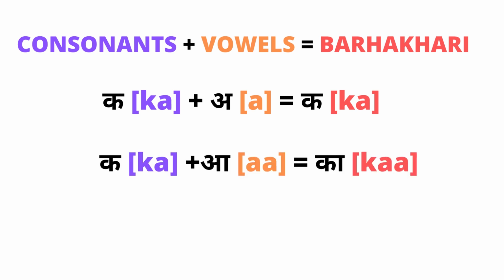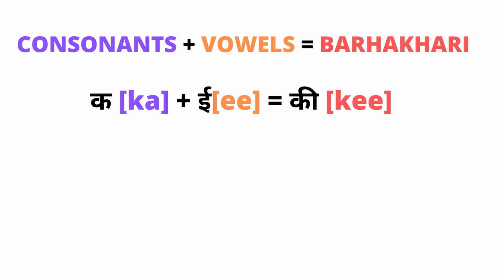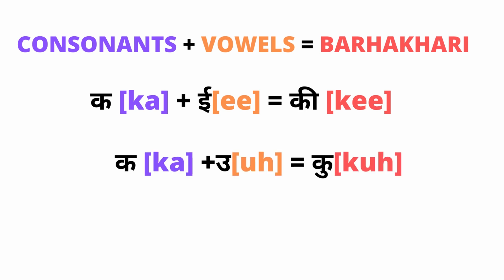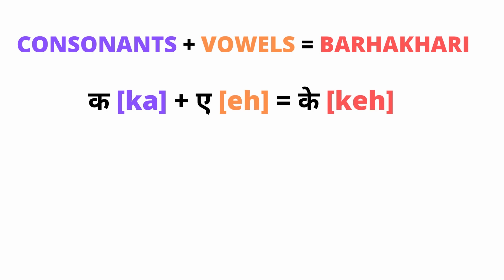In a similar way, when it is conjoined with a, it will produce kaa. When conjoined with i, it will produce ki. When conjoined with u, it will produce ku. When conjoined with ri, it will produce kri.